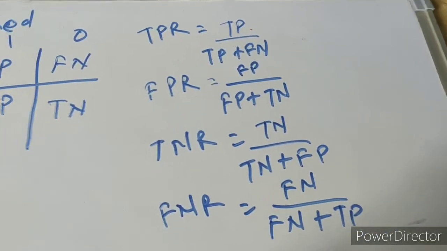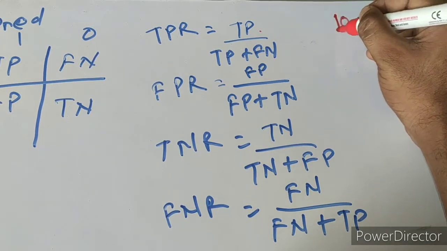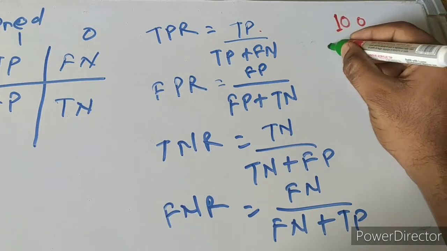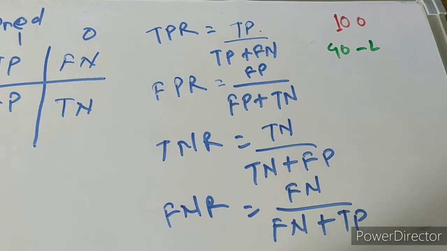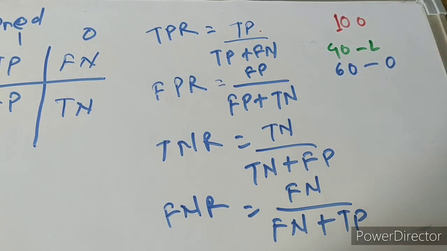So the way I have given the example of 100 fruits, I don't know whether you consider lemon as a fruit or not. So there are a total of 100 fruits present. Out of those 100 fruits, there are 40 lemons present and 60 oranges present.